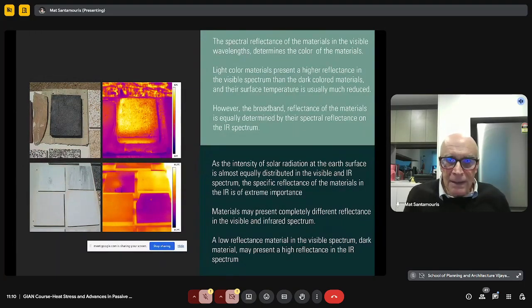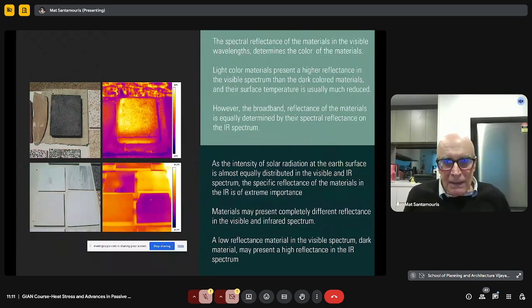Materials that present a very high absorptivity, so a very low reflectance, these materials present high absorptance, and these materials have a dark color. They are black. Then, if the materials reflect at the green, these are green materials, and so on.